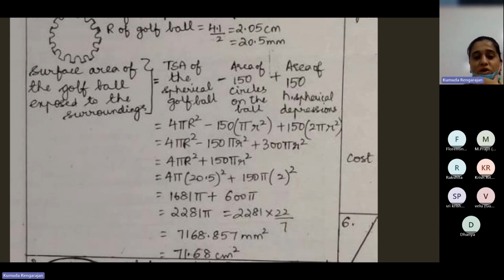Yeah, so if you have the value of pi in more than one place, don't use the value of pi. Once for all, see 1681 pi, 600 pi. So it is 2281 pi.